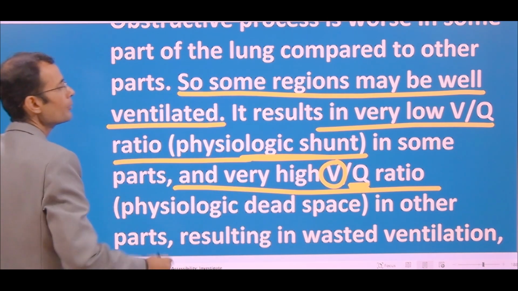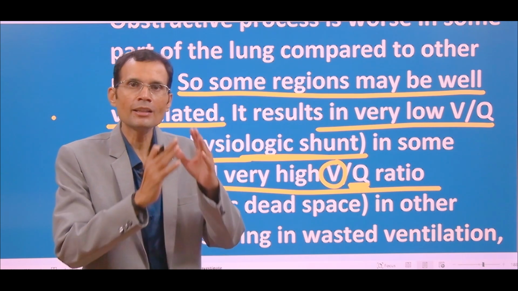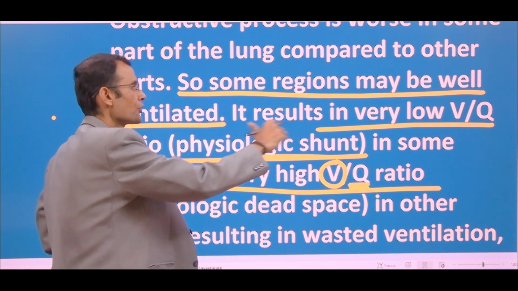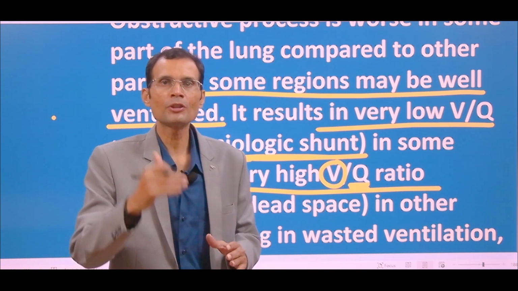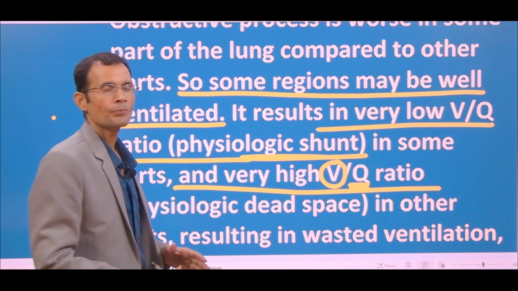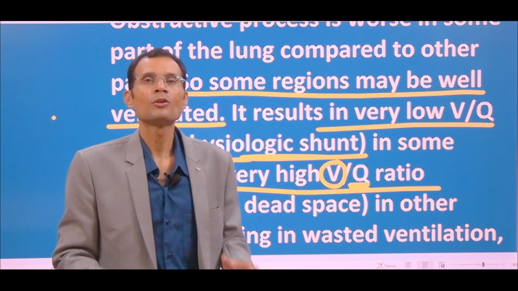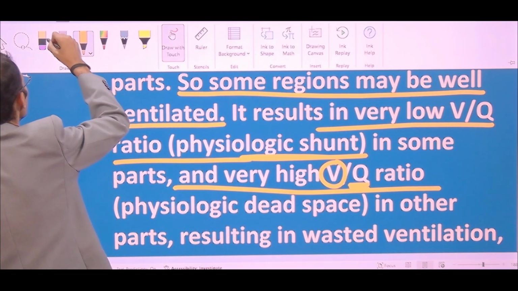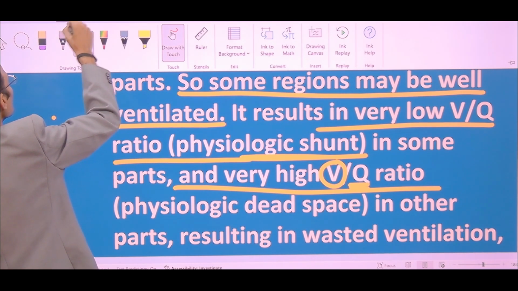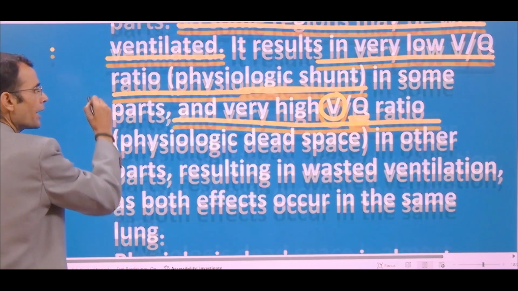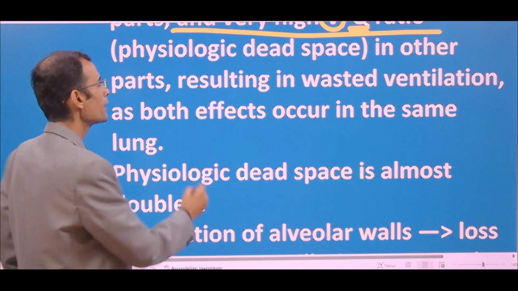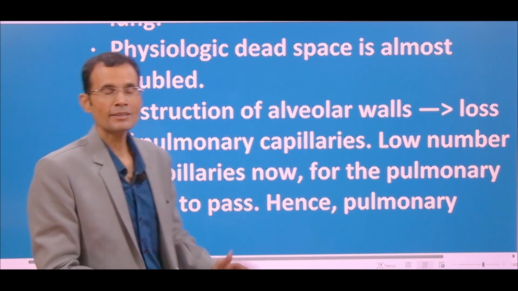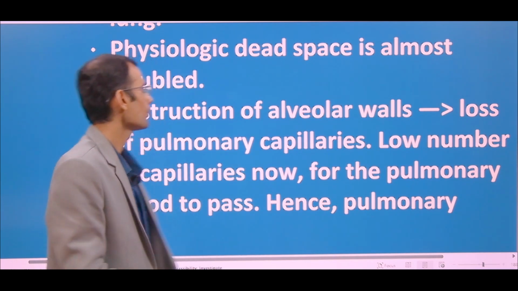But the point that I am trying to highlight here is that in the same lung, some regions will show physiologic shunt, some regions will show physiologic dead space, but the net result is wasted ventilation. So that's an important pathophysiological feature seen in emphysema, the wasted ventilation, as both effects are seen in the same lung. Physiologic dead space is almost doubled.